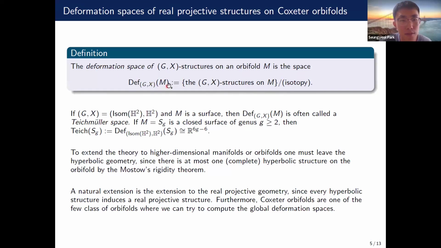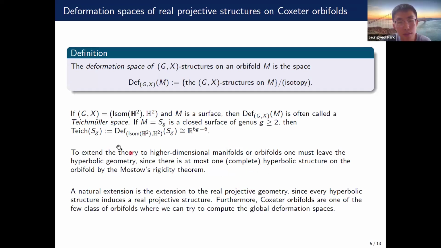One classical example is that when we have hyperbolic geometry on a surface, then the deformation space is nothing but the Teichmüller space. In particular, when this surface is a closed surface of genus greater than or equal to 2, the Teichmüller space is known to be homeomorphic to a certain Euclidean space. I would like to extend this result to higher dimensional objects, especially the Coxeter orbifolds.